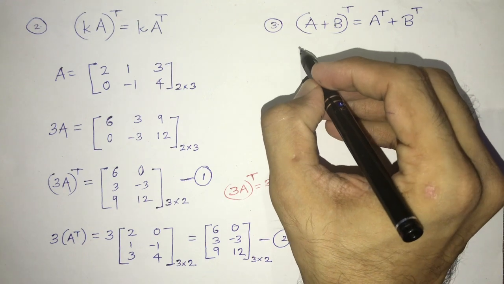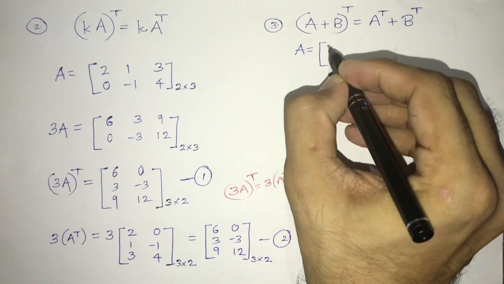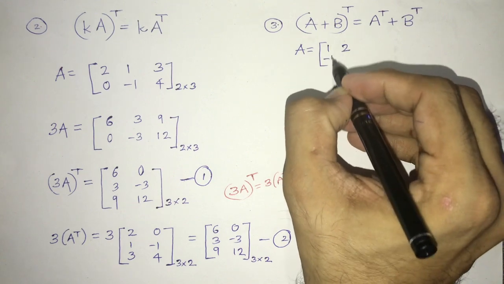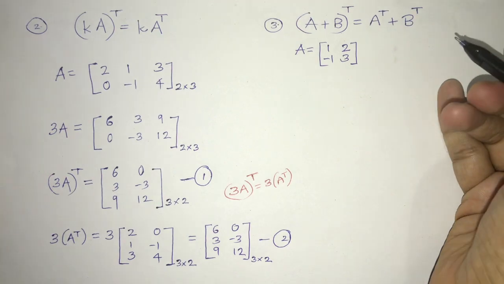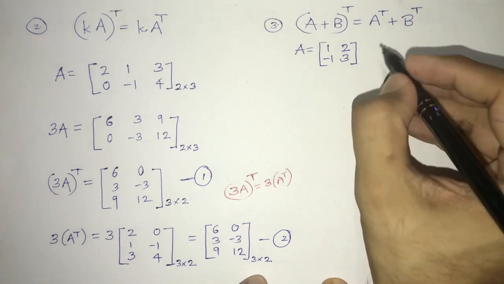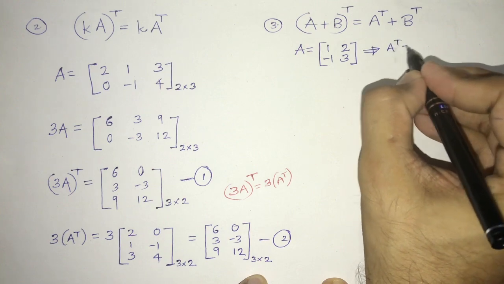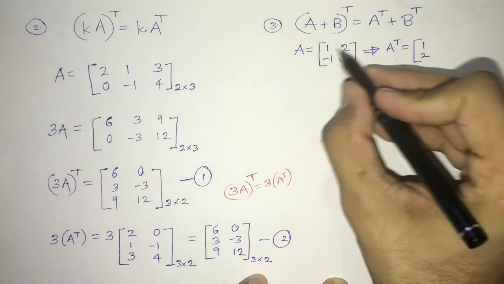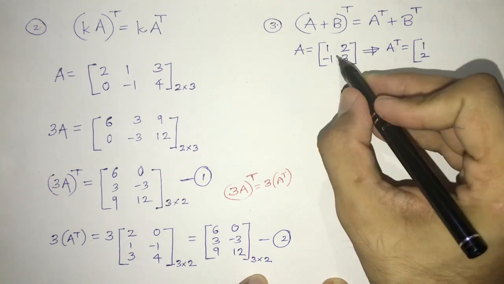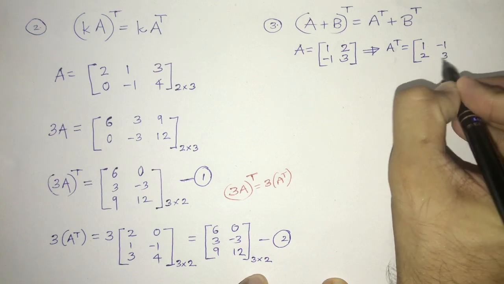Let us take example A: 1 2 minus 1 3. We'll find A transpose also simultaneously, which implies A transpose is 1 2, first row will become first column, second row will become second column, minus 1 3.